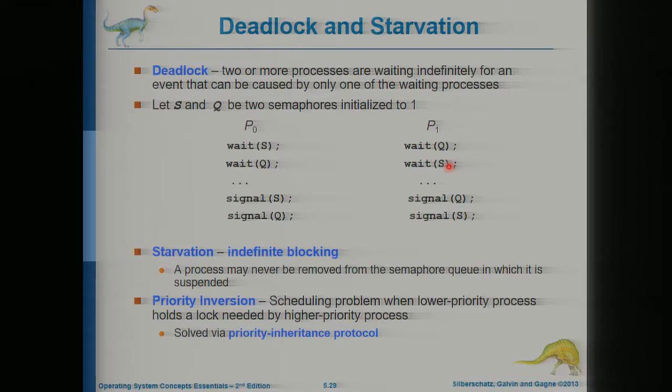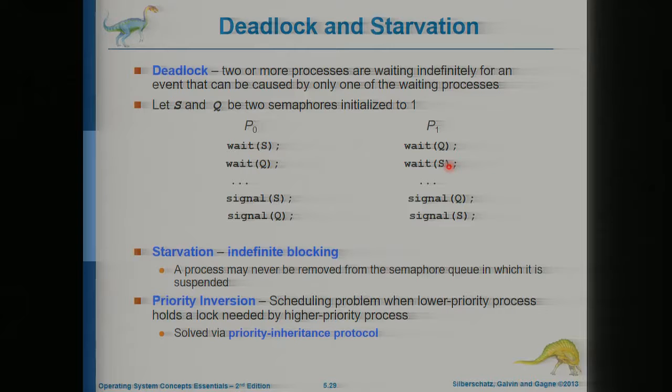So what is happening? P0 has asked permission to enter into the critical section for semaphore S. As soon as semaphore S is available, it will go into the critical section, and after entering the critical section, it has made a call for Q. It has asked permission to enter Q. But is Q free? The Q semaphore is busy. Why?